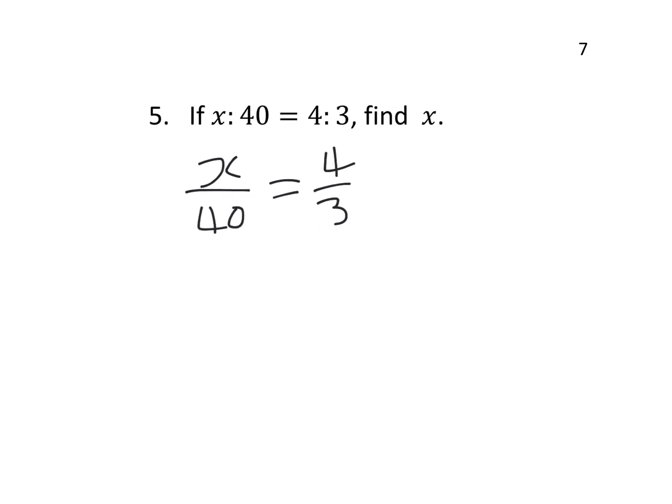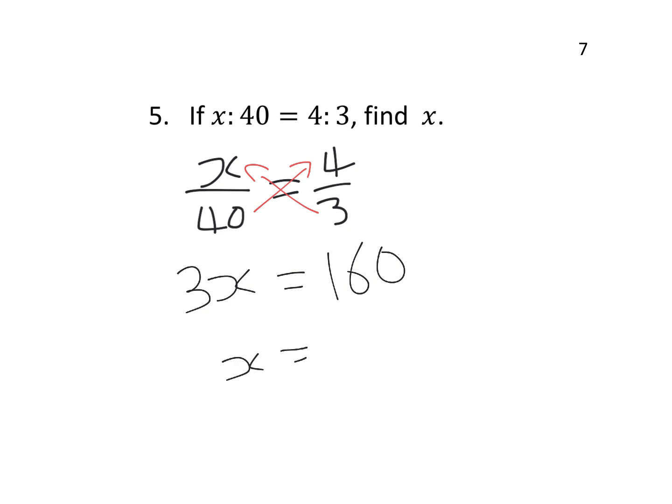And when a fraction equals a fraction, hopefully you can remember, you can cross multiply. So 3 times x is 3x, and 4 times 40 is 160. If 3x is 160, x is 160 over 3.